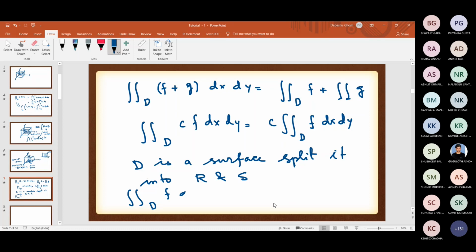Then only we can do this, just as in single integration, where you have to exclude some point where the function may not be continuous, so we take the integration from a to c and c to b. Or sometimes, if we do the break, the function has some properties through which we can evaluate the integration much more easily. In the same way, here also we can separate the regions if they are not overlapping: the double integration over R of f dx dy plus the double integration over S of f dx dy. We can do this.